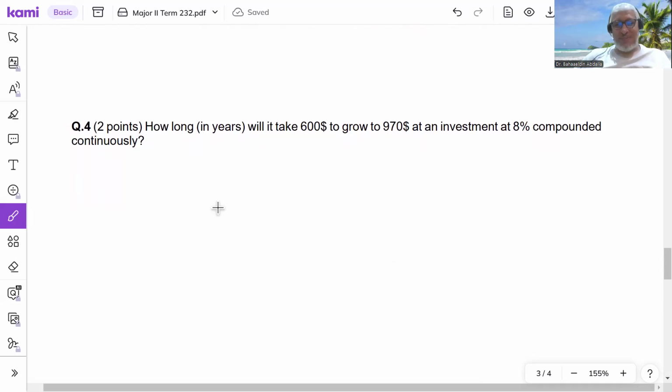How long in years? So he's asking about time. Will it take 600, that's the principal, to grow to 970, that's the future value, at 8%, that's R, 0.08, compounded continuously. The formula is S equals P e^(RT). S is 970. P is 600. e is e.